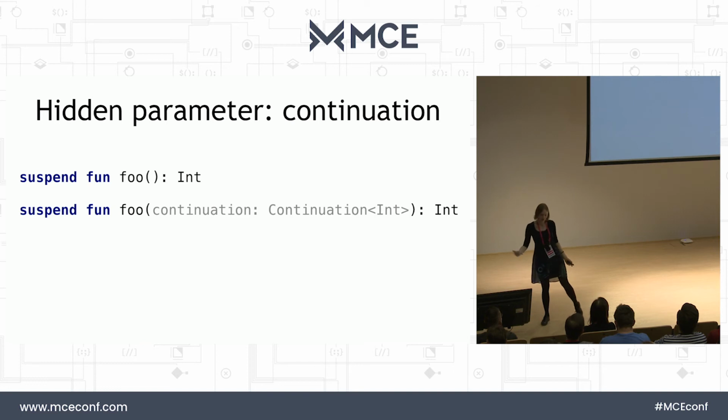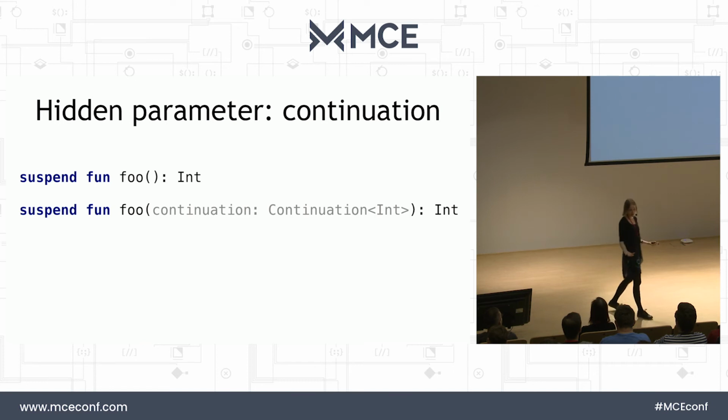So when you define suspend fun foo in Kotlin, at the bytecode level it takes one extra parameter. That means it's quite inconvenient to call it from Java because you have to provide your own continuation. In theory, it's possible, but it's better not to do that.